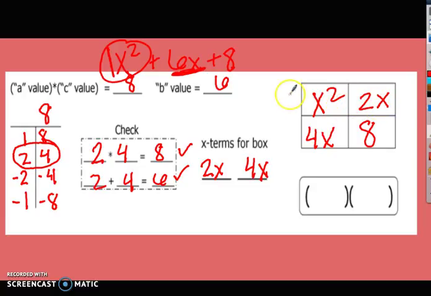What is the greatest common factor of x squared and 4x? And what's the greatest common factor of 2x and 8? So that gives me x plus 2 times x plus 4.